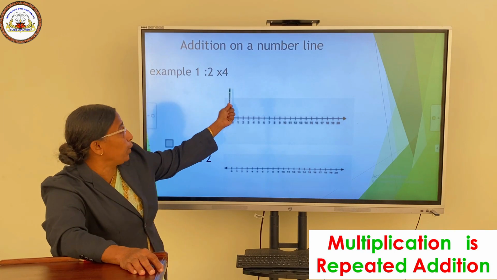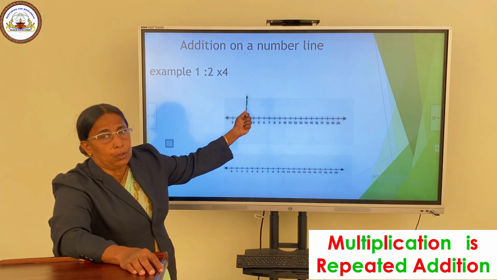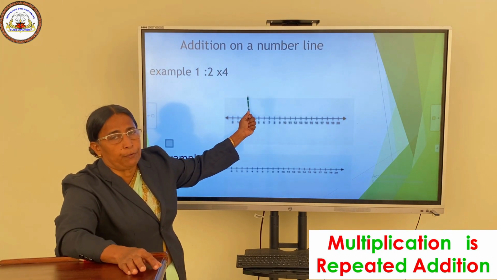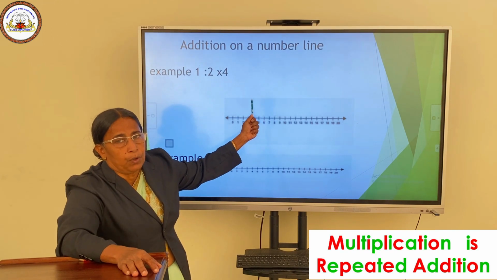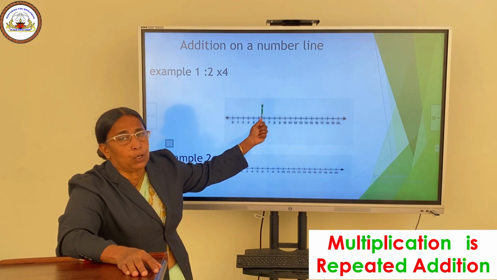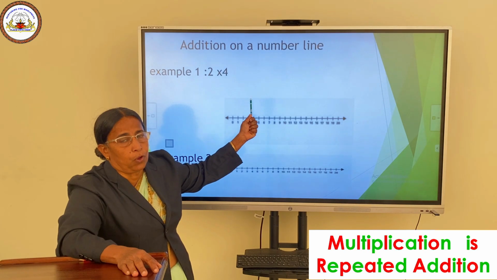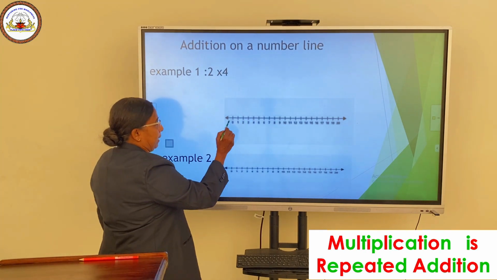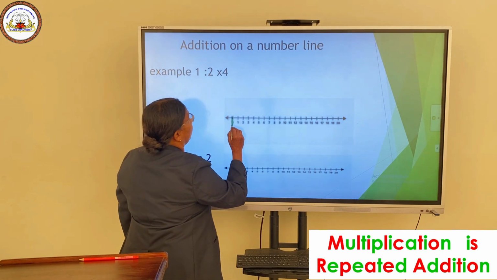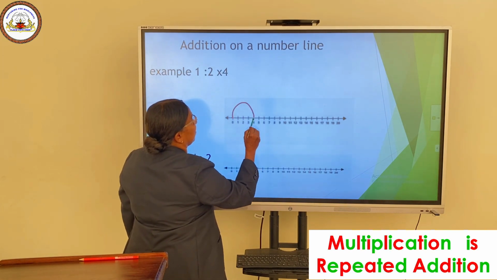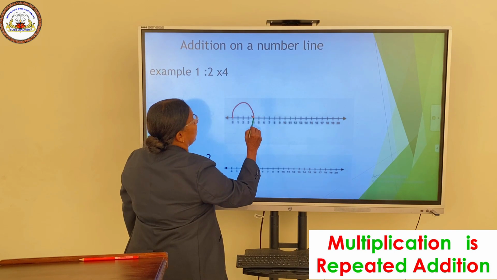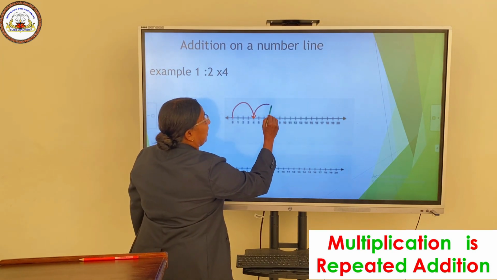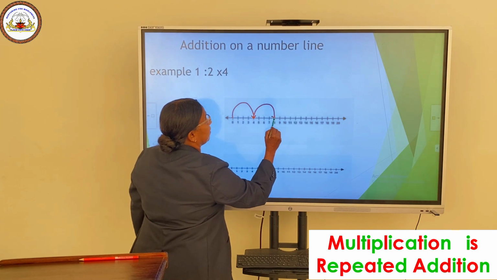First example, 2 into 4. What is the meaning of 2 into 4? 4 is added 2 times. That is, at a stretch you have to jump 4 units. So first jump of 4 units, second jump of 4 units.